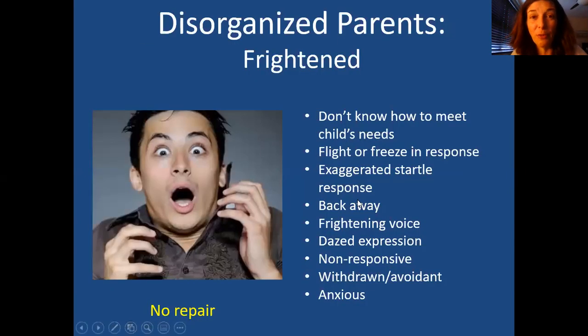First, let's talk about the parents. Sometimes disorganized parents come across as frightened of their child. It's hard to take care of a little person. You might be a little freaked out about their needs, they're crying, they need diapers changed and food, and I don't know what to do. The parents might be very dysregulated.